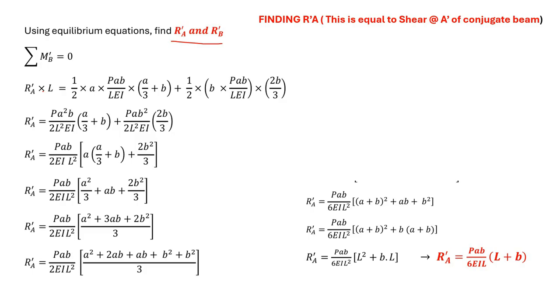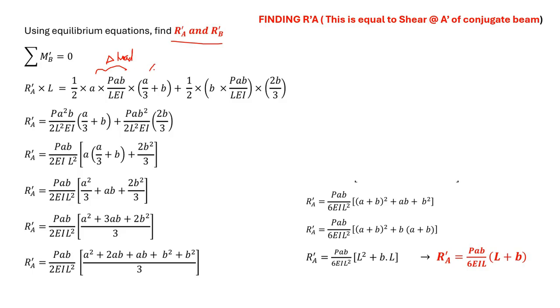Now you can see that RA dash into L equals half multiplied by a into PAB by LEI multiplied by a by 3 plus b. These terms represent the area of the saffron color triangle, which is the total load. This is the area of the triangle, which is the total load of the saffron color.